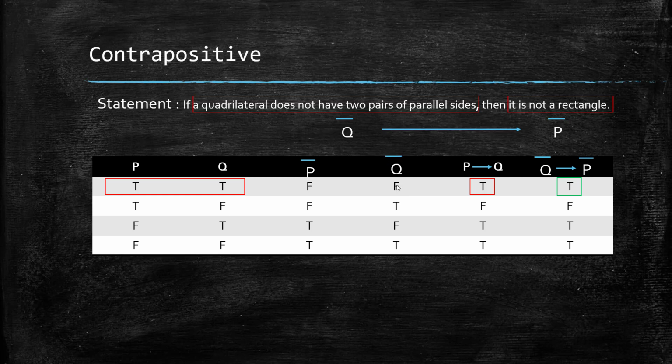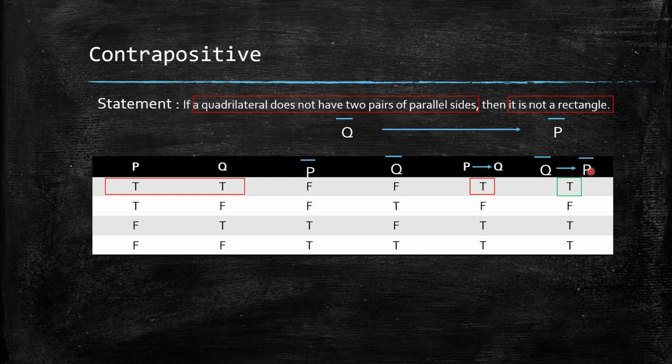As Q bar is false, we do not care about the truth value of P bar, because this conditional statement will always be true. So it looks like the contrapositive is agreeing in terms of truth value with our actual conditional. From the truth table you can see both of these columns have the same truth values.